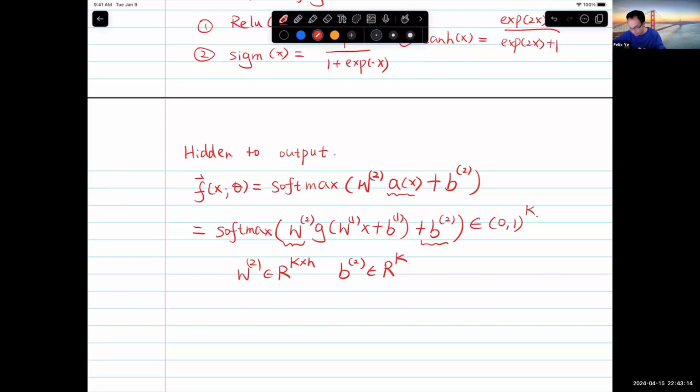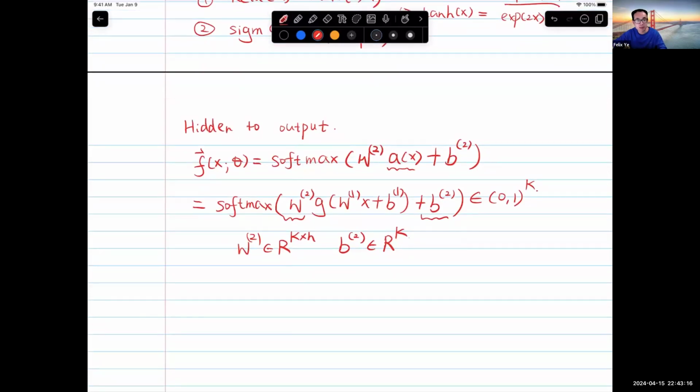So in this case, my model parameter theta is W1, W2, b1, and b2. These are the model parameters. But think about how many parameters we have.